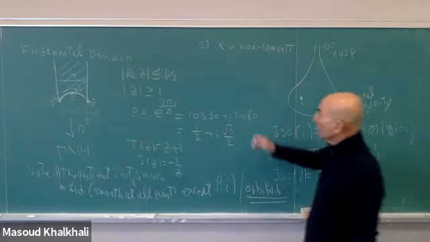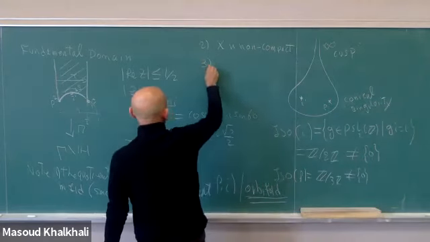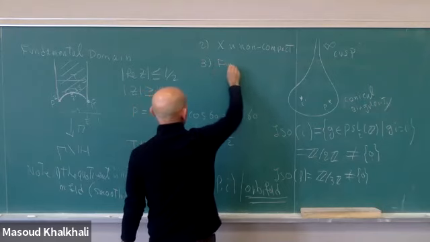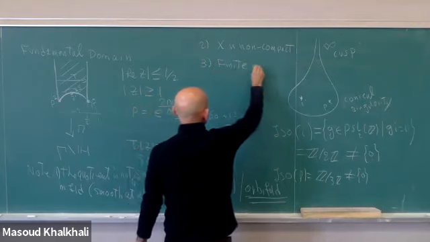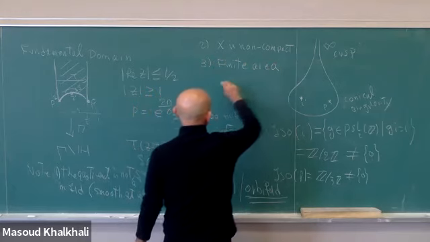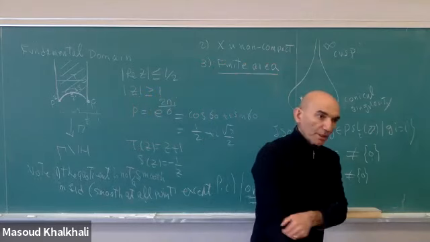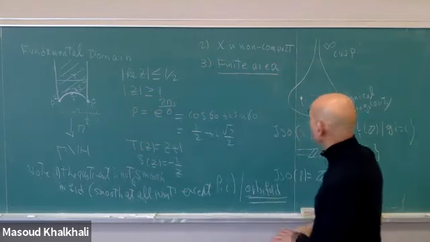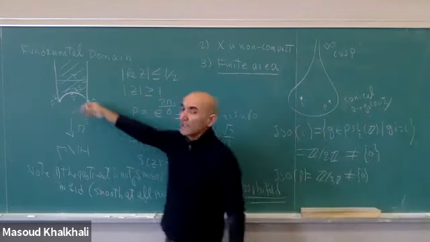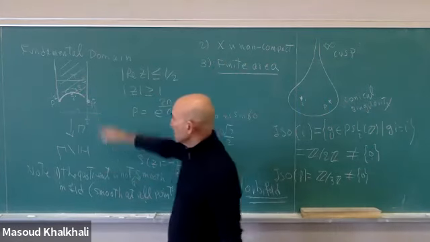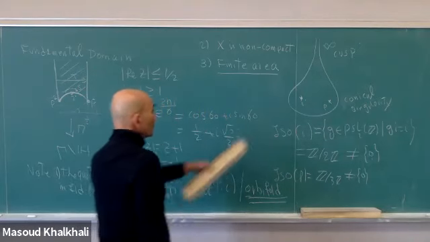Non-compact is okay, but it has finite volume, or finite area. It's finite area. So why is it finite area? It looks like it's going to infinity, and you may think you have infinite area, but it's not, because you can compute the area.